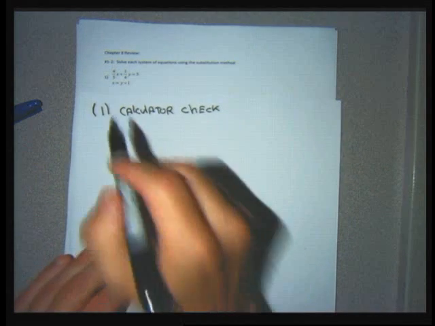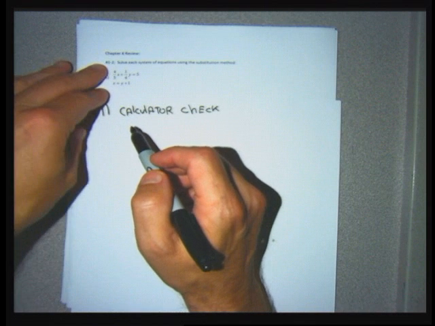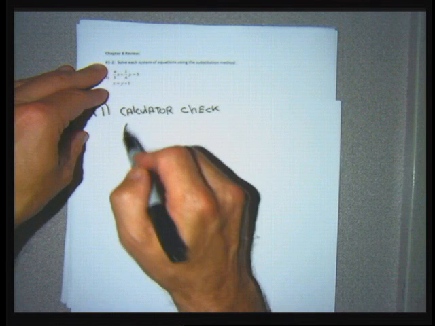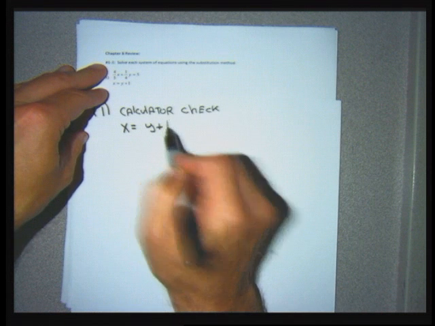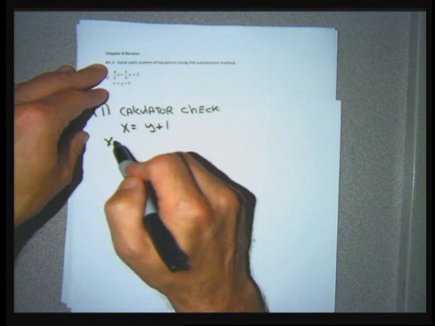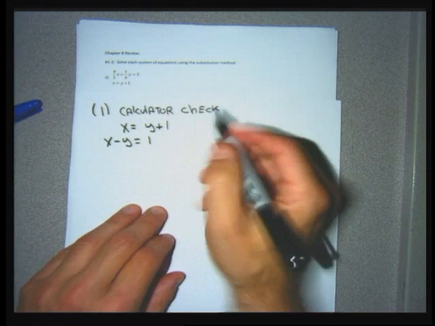And in order to do that, both equations need to be, I'm going to use RREF, and the bottom equation needs to have the y moved over. So I'm going to move the y over, subtract y from each side, and get that to be my bottom equation.